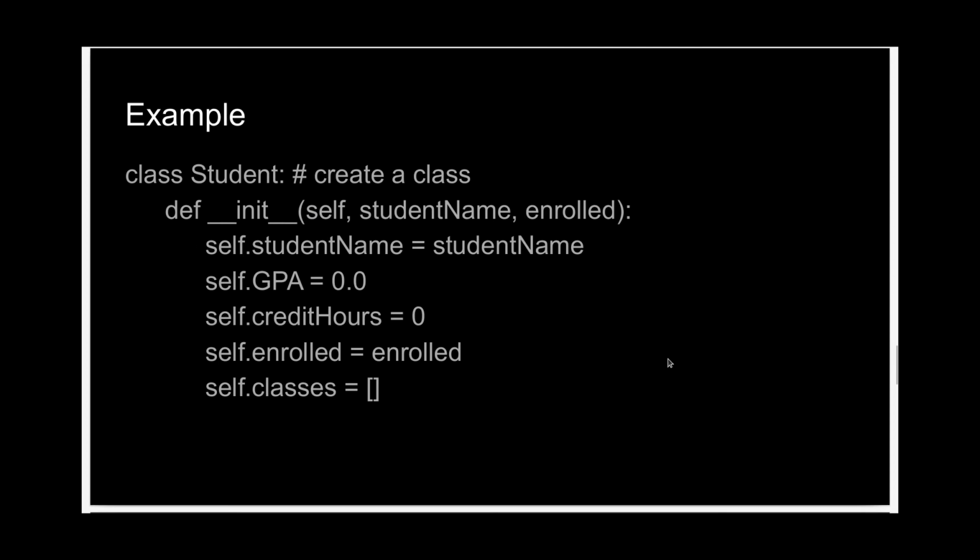Now let's talk about another example. Here again we are creating the class student, but this init method takes two arguments, student name and enrolled. These arguments are then set as the initial values for the student name and the enrolled part of the object.